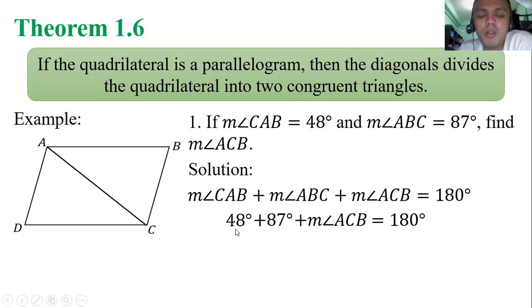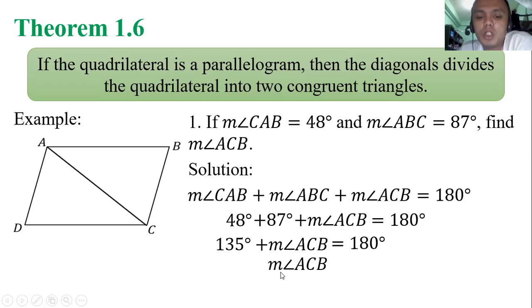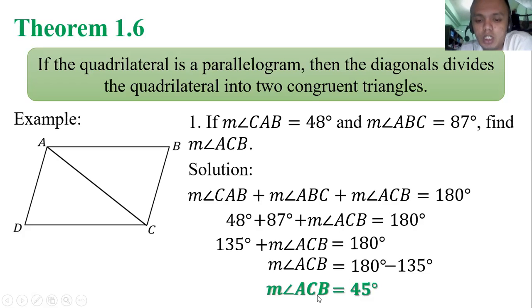Now, 48 plus 87 would be equal to 135 degrees, plus the measure of angle ACB equal to 180. Transpose 135, then we have the measure of angle ACB is equal to 180 minus 135, that would be equal to 45 degrees. So your ACB is 45 degrees.